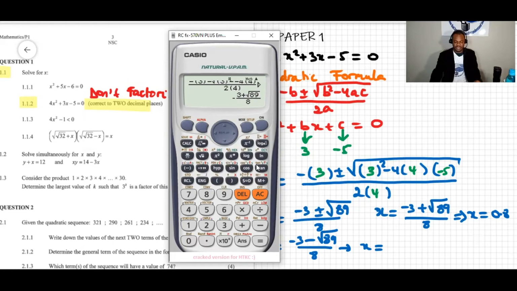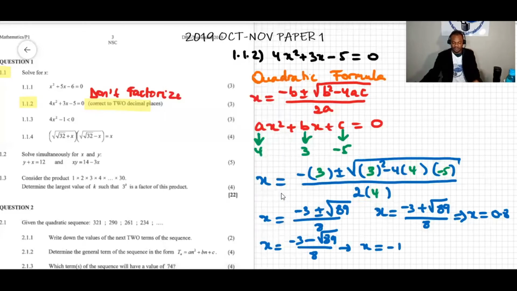Then I can press the S-D button, and we have negative 1 point all this. We're going to look at the third decimal value, which in this case is 4. 4 is lesser than 5, so we'll drop 4 and all the digits that come after, and then the answer will be negative 1.55. So these are the solutions of this quadratic equation.